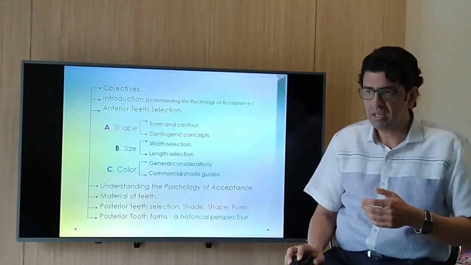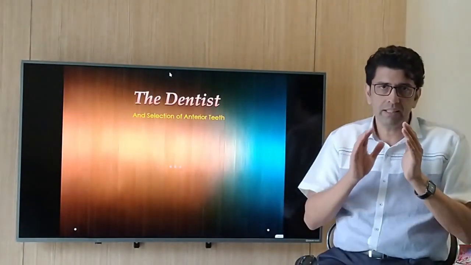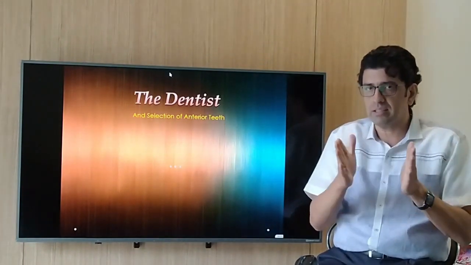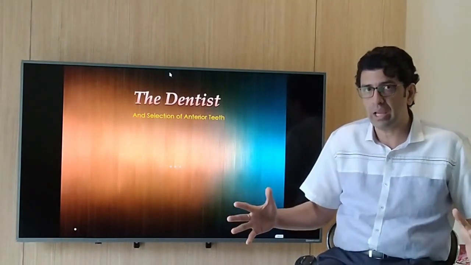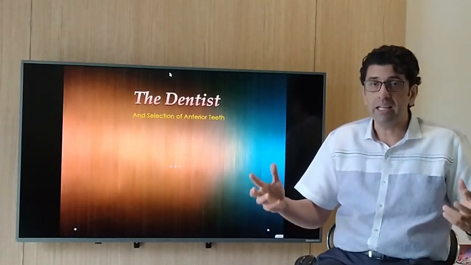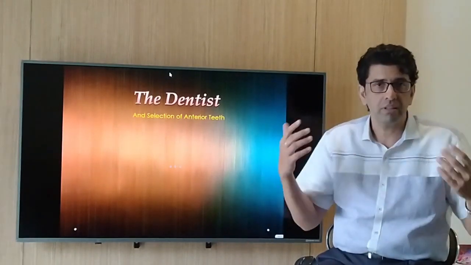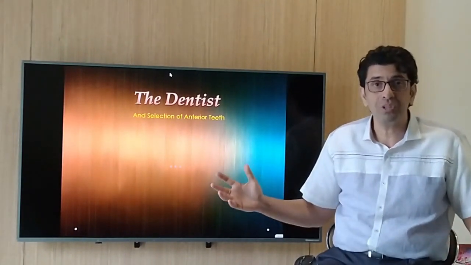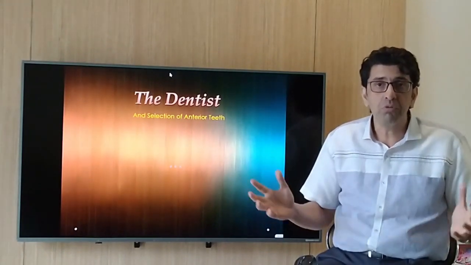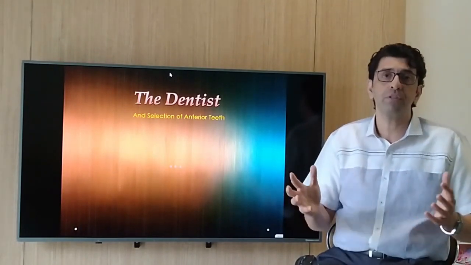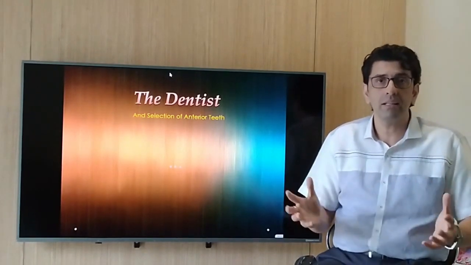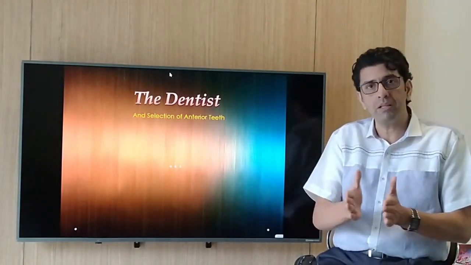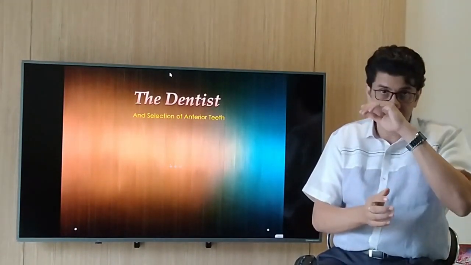Okay, so I told you there are 2 sides to the story. The first side is the dentist, who has this vast array of teeth in his repertoire. He has different colors, different shades, different sizes, and he must be able to narrow down and bring relevant shapes, sizes, and colors to the patient. And from there is where the patient is going to actually do the selection.